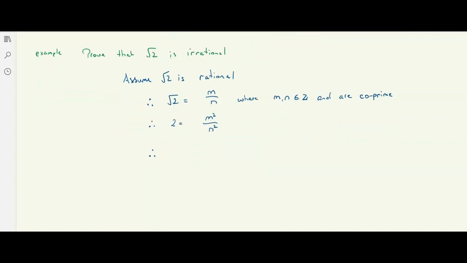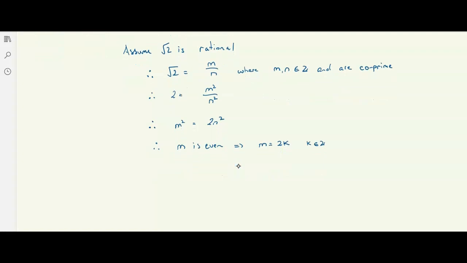Okay, well, if that's the case, then m squared would equal 2n squared. And therefore, you'd say that m squared is even. And if m squared is even, m's even. Therefore, m is even. And we could deduce that m is equal to 2 times some k, where k is an integer. Okay, so m is equal to 2k.